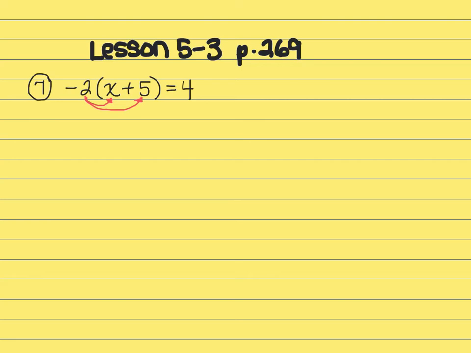In this problem, we're going to multiply the negative 2 times the x and the negative 2 times the 5. Negative 2 times x is simply negative 2x. Negative 2 times 5 is negative 10. And use your calculator if you need additional support.